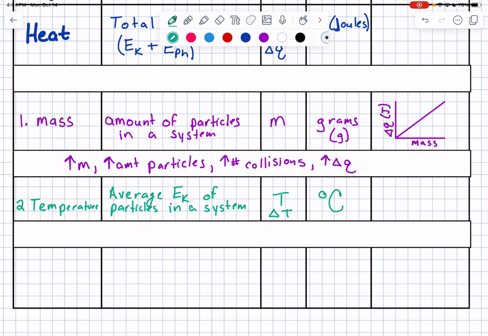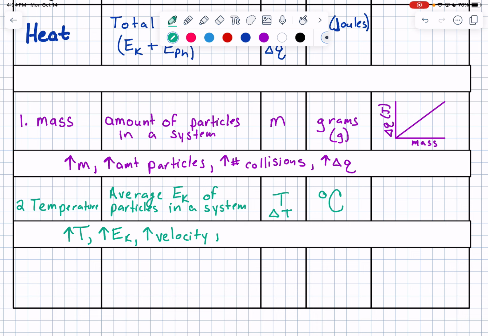And so when we talk about temperature, we need to think about when we have a higher temperature, what does that mean? Well, higher temperature means that we have higher kinetic energy. Higher kinetic energy means we're going to have higher velocity. Now, velocity is very similar to speed, except it's speed in a specific direction. That's why we use arrows on our particle diagrams to represent how fast they're going. It's because it's not just speed, but it also tells us what direction.